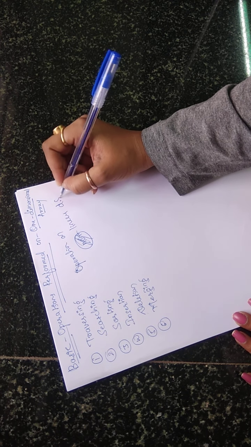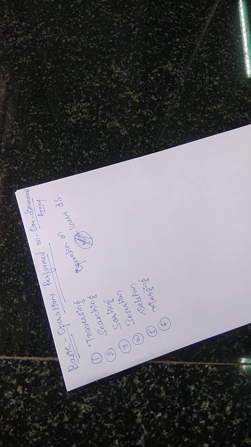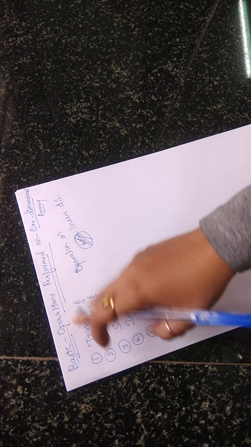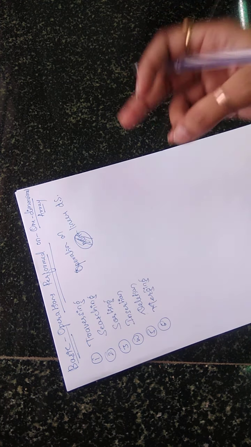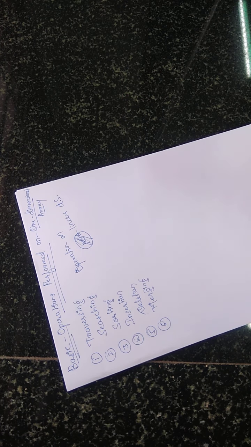There was a misprint in your textbook, so I had taken the same. Sorry for that. The operations traversal, insertion, deletion, searching, sorting and merging all relate to linear, not non-linear.